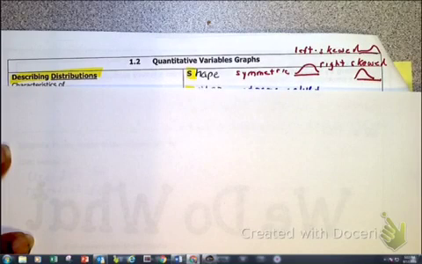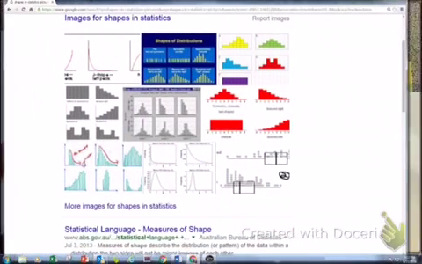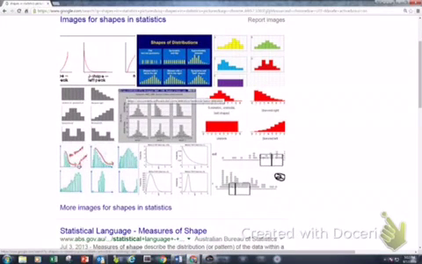So as I slide this over right here, you see this is right skewed. And yes, I know it's the opposite of the way you think; the information is on the left. People say it's right skewed because it's pushed from the right.